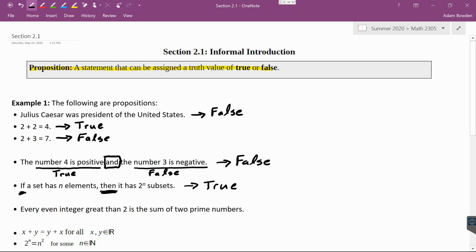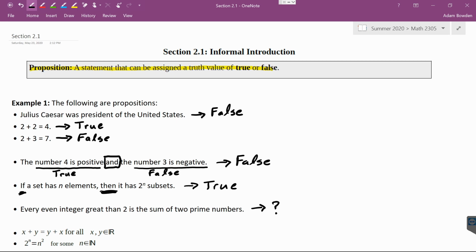The next one says every even integer greater than 2 is the sum of 2 prime numbers. This is a proposition, but whether or not it's true is actually still an open question. While it can be assigned a true-false value, it's still unknown which of the two it is.